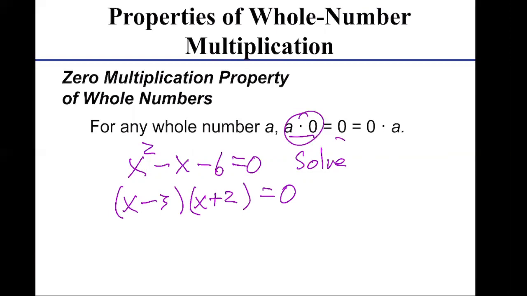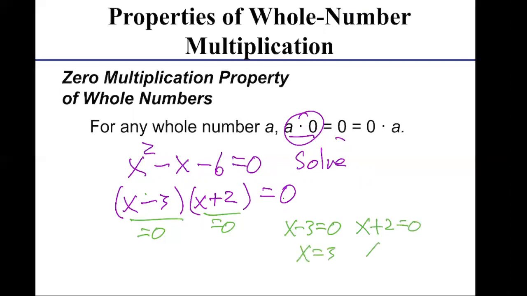You said, well, this is this times that. So if this is 0, 0 times that is 0. Or if this is 0, 0 times the first factor is 0. And that's why you solve this by setting the first factor equal to 0 and the second equal to 0. And that's really one of the main reasons why you spent so much time in algebra learning to factor those trinomials.